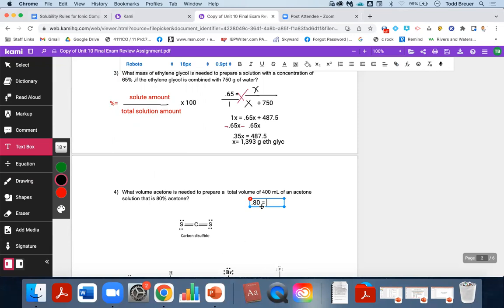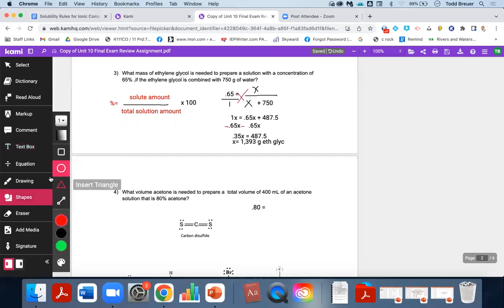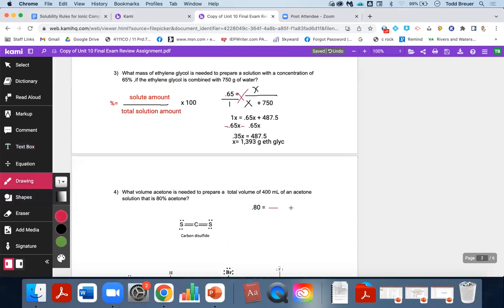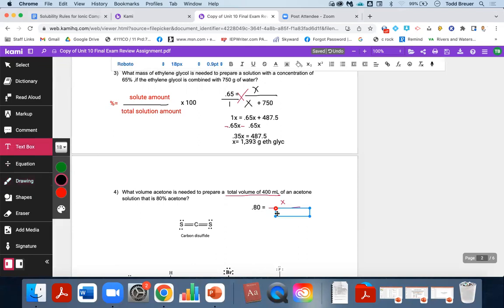0.8 is equal, we'll make our little fraction bar, to X, since we don't know the amount of acetone. We're trying to figure out that volume, but we do know the total now. So on the bottom, I don't have to add X because it's already been added in there, because it says we know the total volume. So we just put 400 on the bottom.